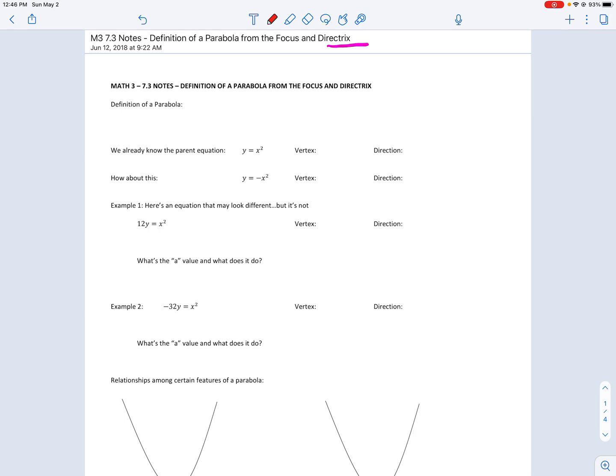So it is a set of points that are equidistant from a given point and a given line.